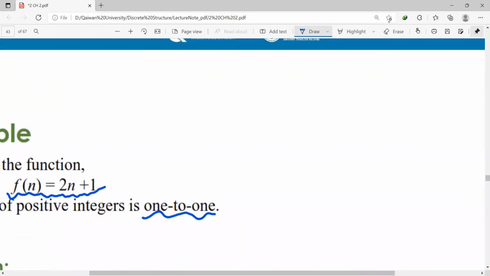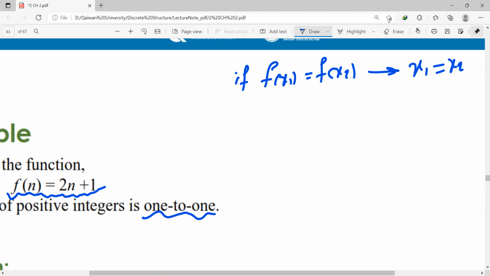Here, what's the definition of one-to-one? We say if f of x1 equals f of x2, then we must show that x1 equals x2.